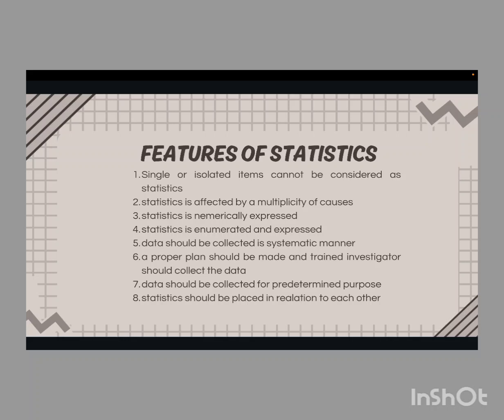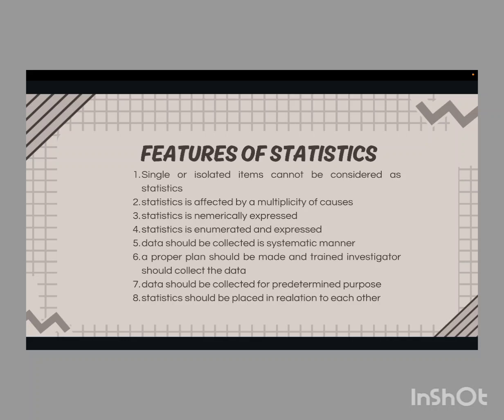It might be wrong. Data should be collected for a predetermined purpose. There should always be a purpose for which we're collecting data. You just cannot sit and collect data. Statistics should be placed in relationship to each other. There should be a relationship between what you're finding and whatever you're comparing it with. Suppose you are finding the average age of people.